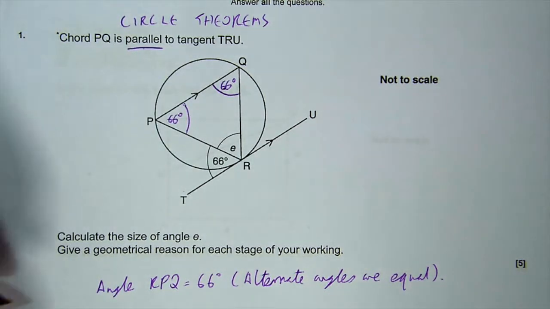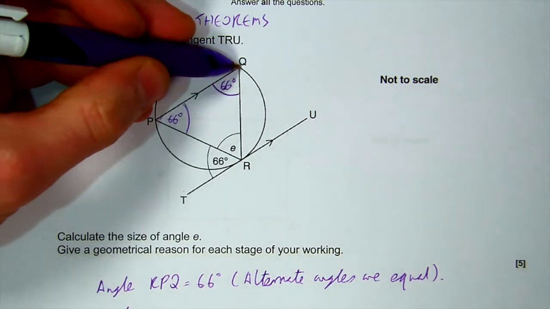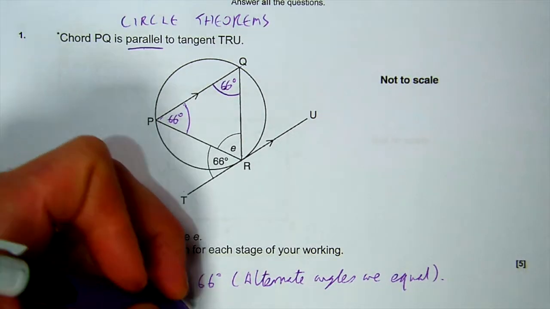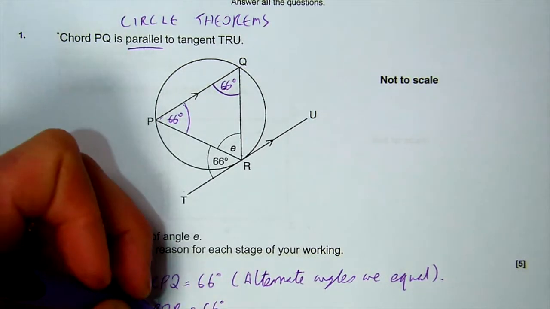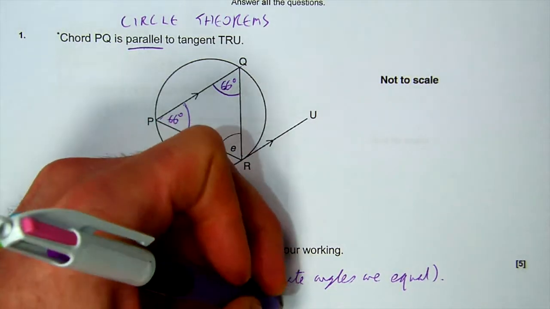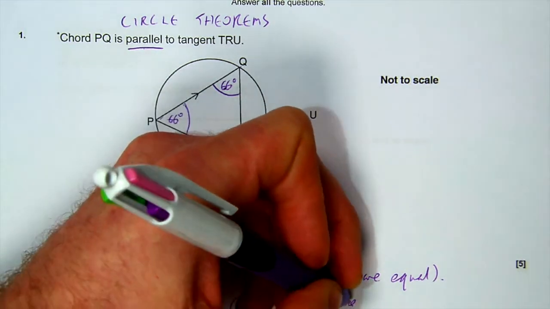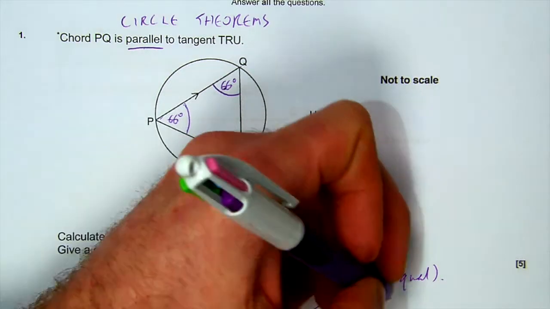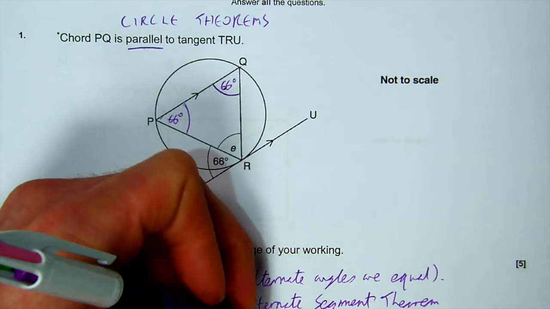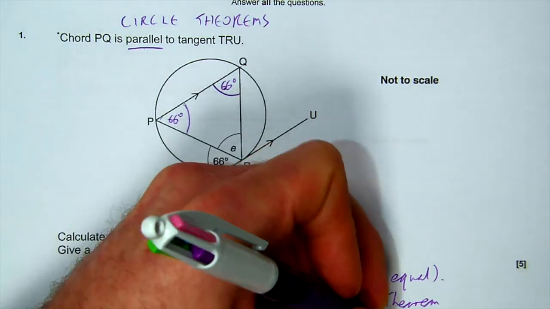So write that: angle PQR equals 66 degrees, and the reason for that is alternate segment, these are equal.